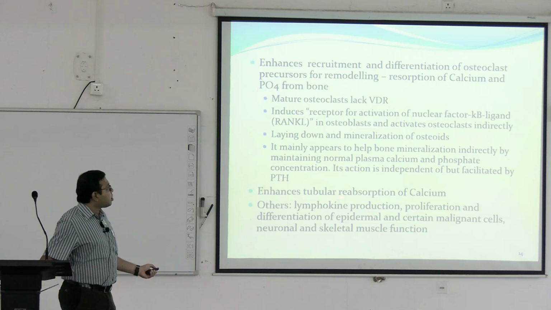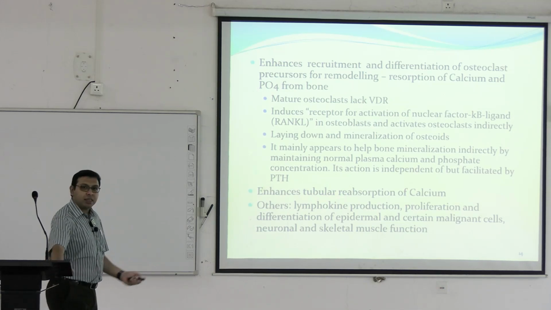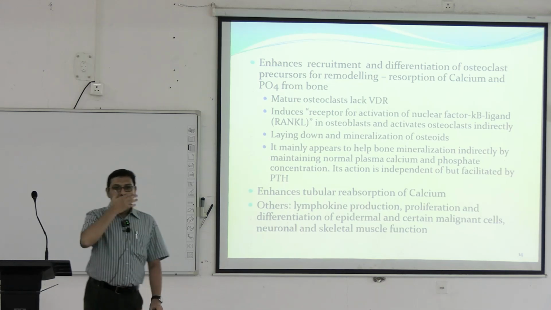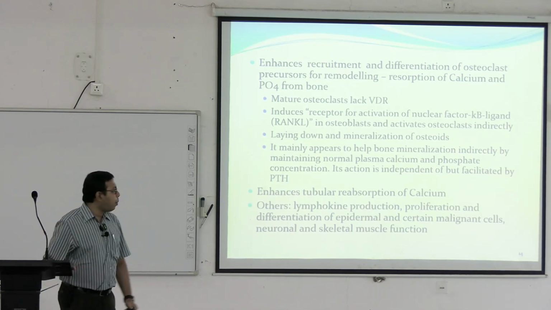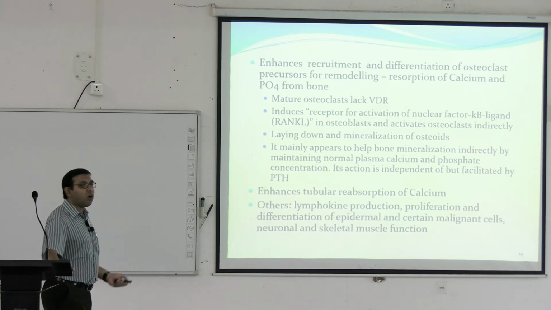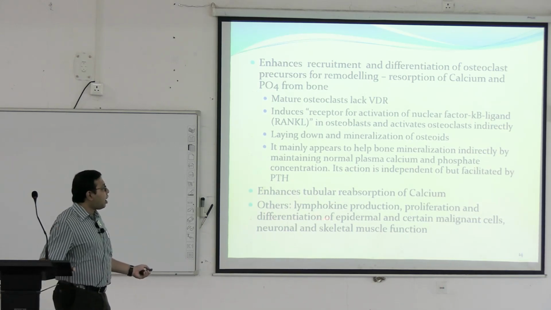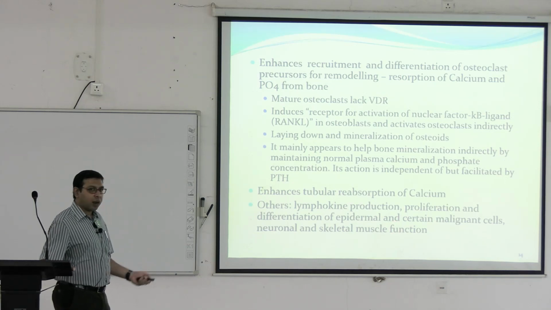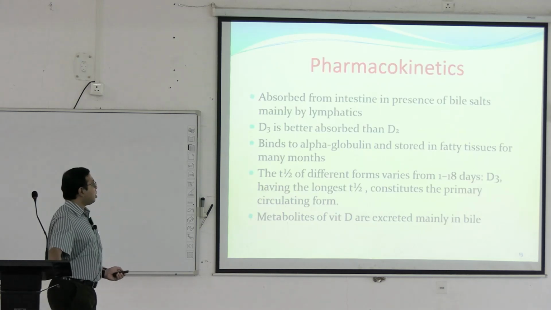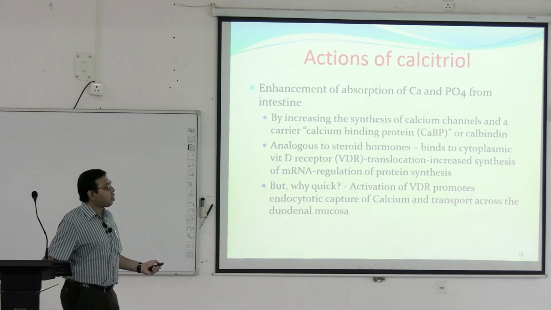It also enhances the tubular reabsorption of calcium. Some part of the calcium comes to the kidney and some part is reabsorbed back into the body. Apart from this, vitamin D also helps in lymphokine production, proliferation and differentiation of epidermal and certain malignant cells, and neuronal and skeletal muscle function. So these are the main actions of calcitriol.